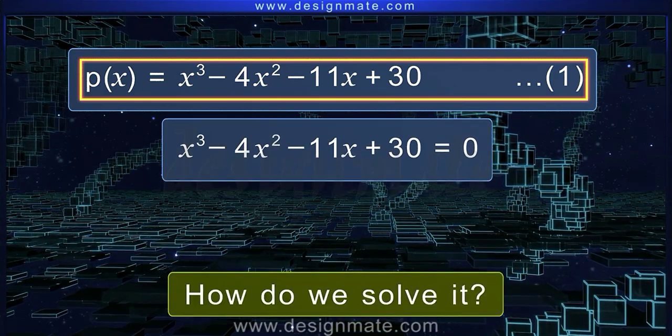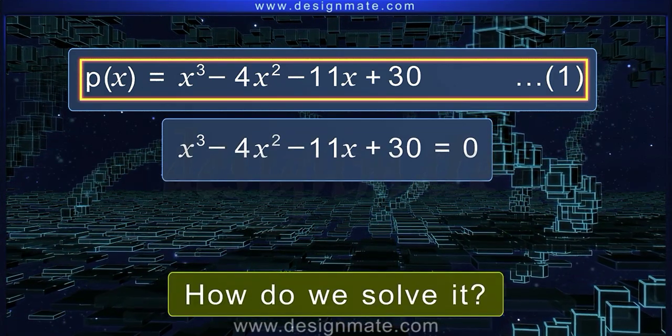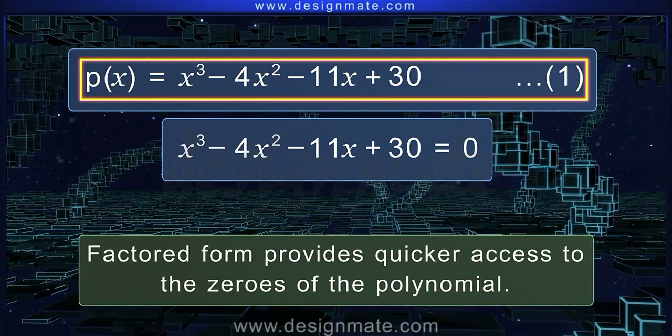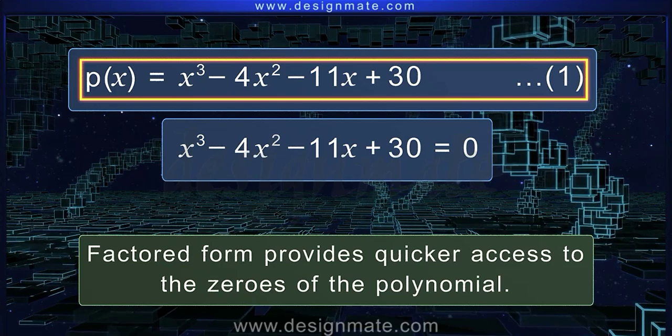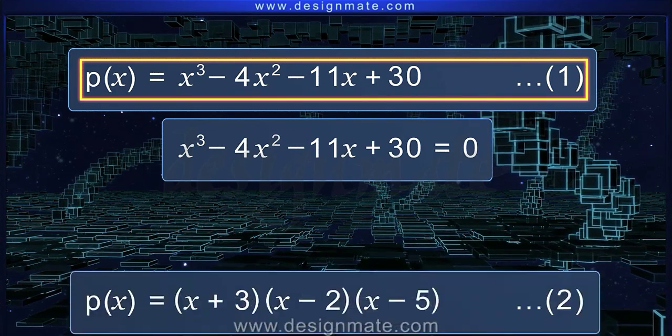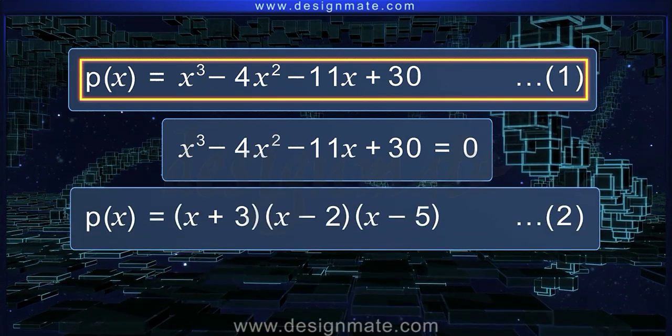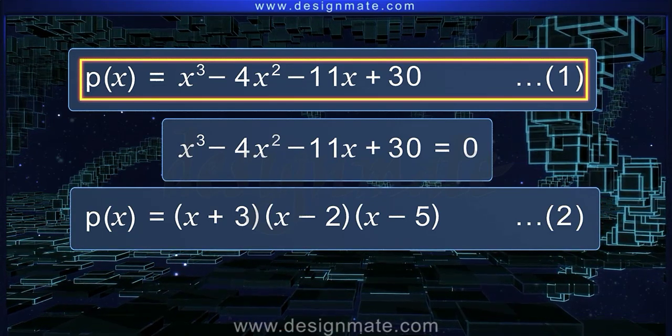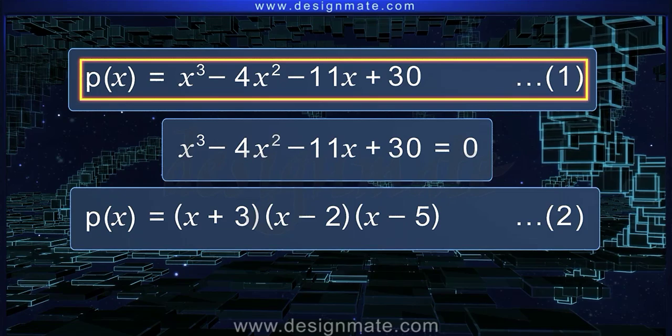How do we solve it? Let us write p(x) in factored form. Factored form provides quicker access to the zeros of the polynomial. We have p(x) = (x + 3)(x - 2)(x - 5), equation 2.